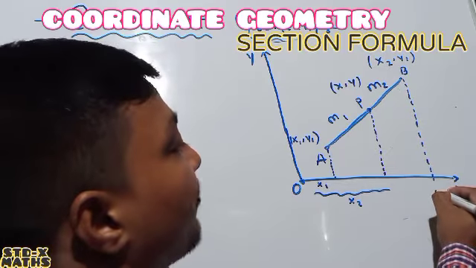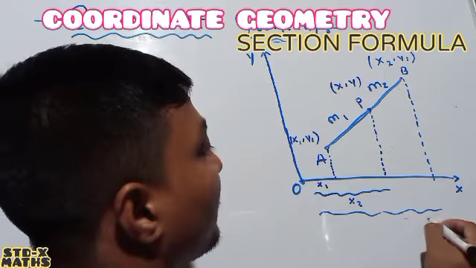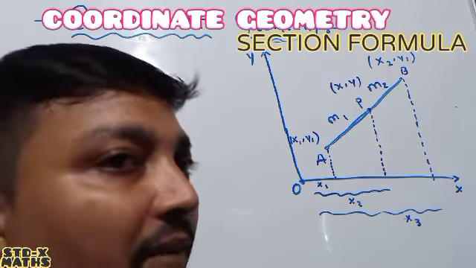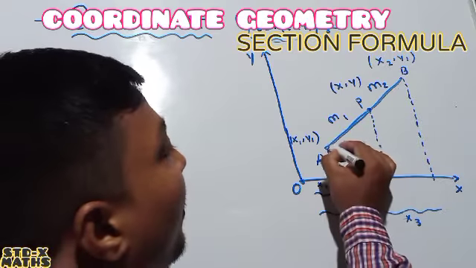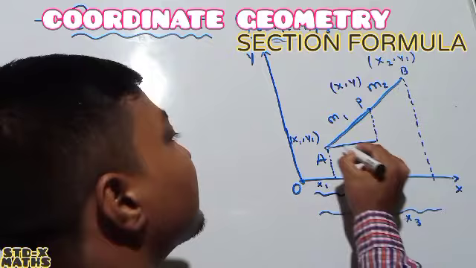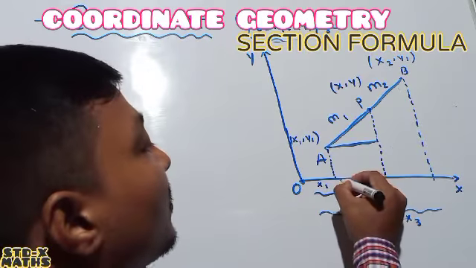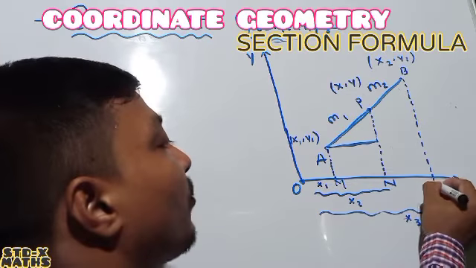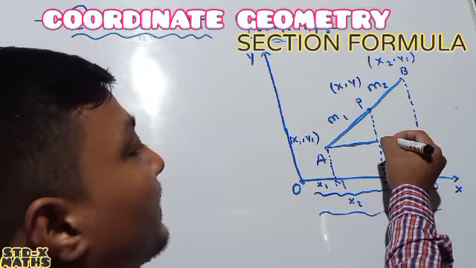This total distance is our x3. Perfectly understood? See one thing. Suppose I draw this perpendicular distance. Suppose this one is M, this one is our N, this one is our O, and this one is our S.